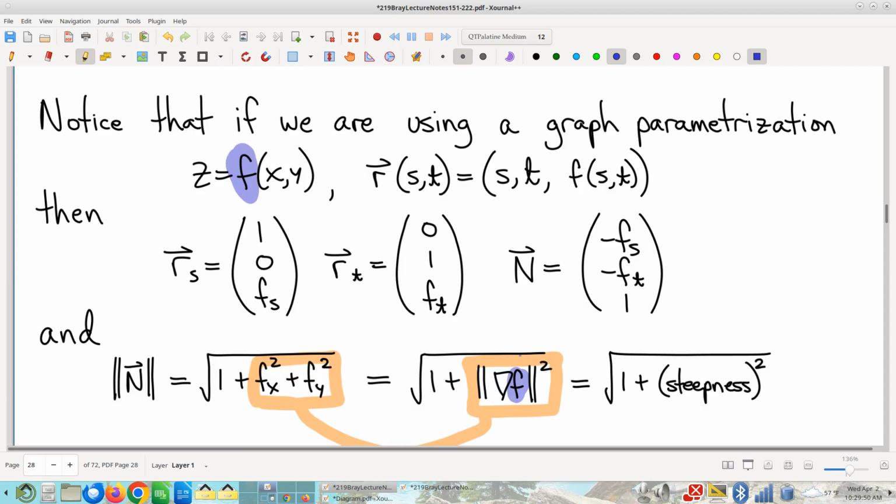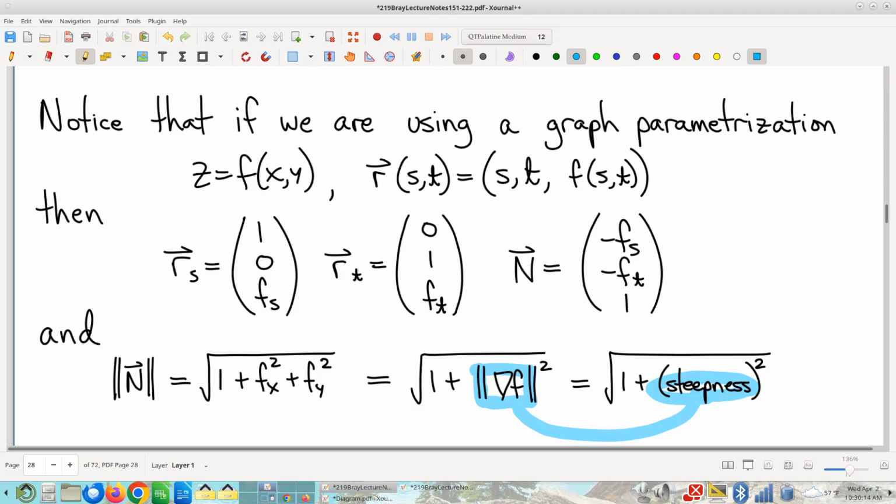Now, having made that observation, here's another lucky break. The magnitude of the gradient tells you how steep that graph is. It's just steep. Now, if you were standing on that graph, like that graph is a hill, how steep is it?